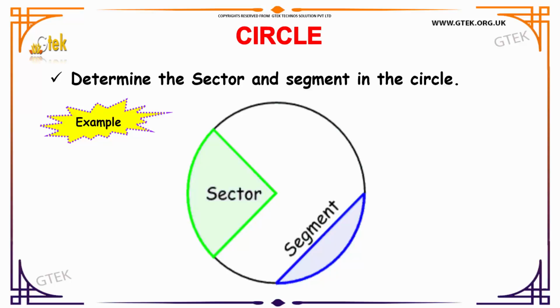So this region over here is a sector, and the segment is the region of the circle which is obtained by the chord that is drawn in a circle. A chord is a line segment that joins any 2 points in a circle. So the region formed by a chord is known as segment, and the region that is formed by joining the two radii of a circle is known as the sector.